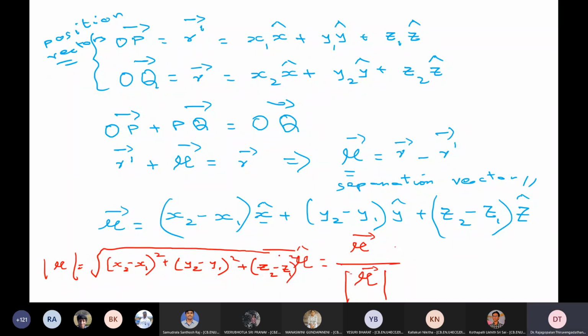That's about it. Now we have defined the position vector and the separation vector. One thing that we still need to define is the displacement vector. Let us say I have this rectangular coordinate system, which we always invoke. We will see the other orthogonal coordinate systems in the next class.